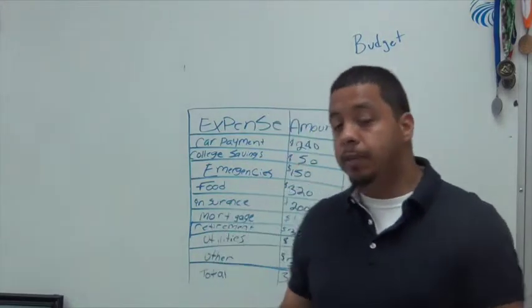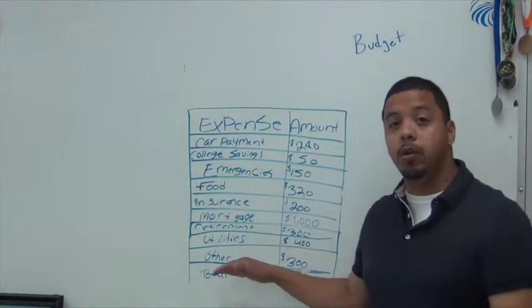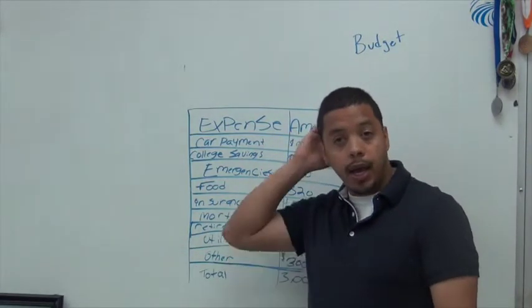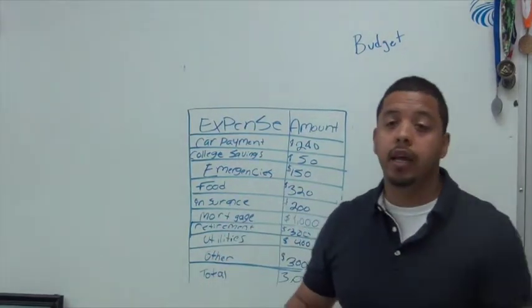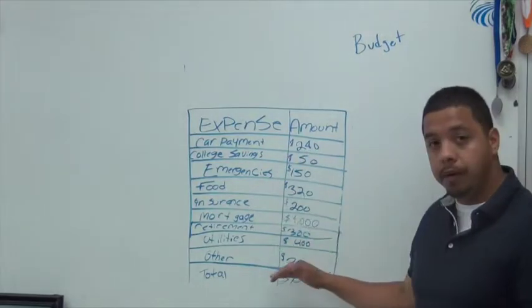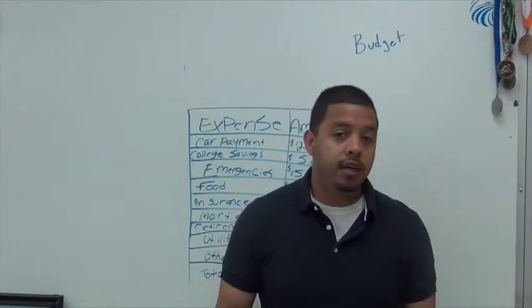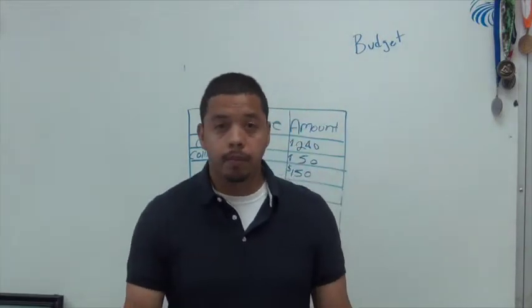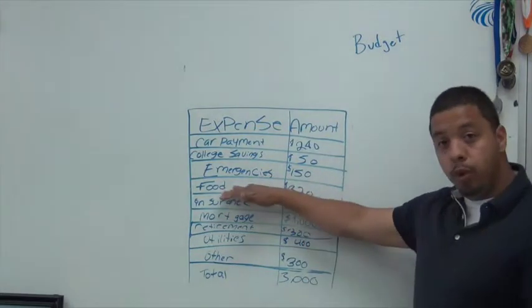In this particular example, it gives you a breakdown of what a budget would look like. And again, depending on what you do for a living and how much money you're making, it'll vary. Everybody has bills, everybody has emergencies, everybody has income, everybody needs to pay for food.